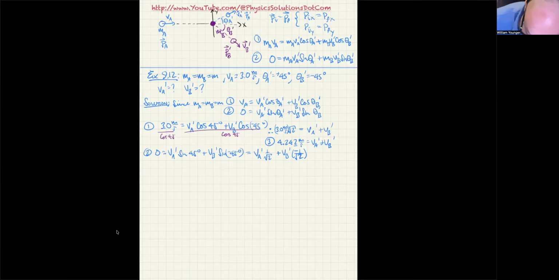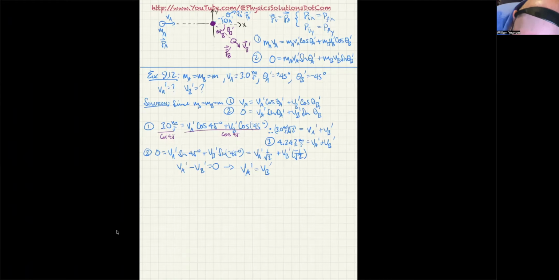And we got both sides equal to 0. So what we see here is VA prime minus VB prime is equal to 0. And that means that VA prime is equal to VB prime in magnitude. So that's one of our answers.